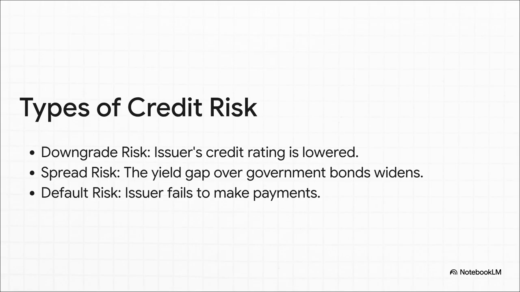This happens when a rating agency decides an issuer looks a bit shakier financially, so they lower its credit score. That signals more risk and makes the bond less valuable. Then there's spread risk. This is when the gap between the yield on a corporate bond and a super safe government bond gets wider. It just means investors are demanding more reward for taking on that extra risk. And of course, the worst case scenario is default risk. The issuer simply can't pay.